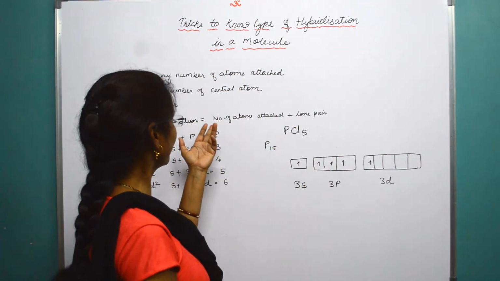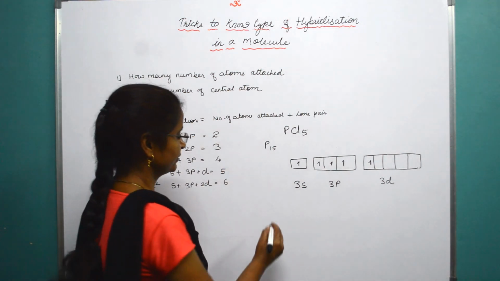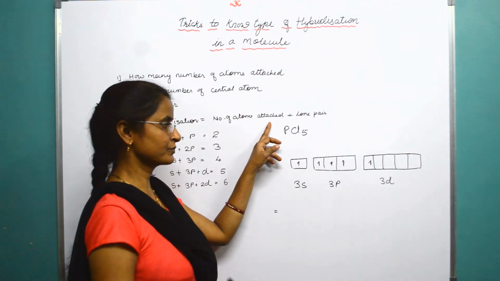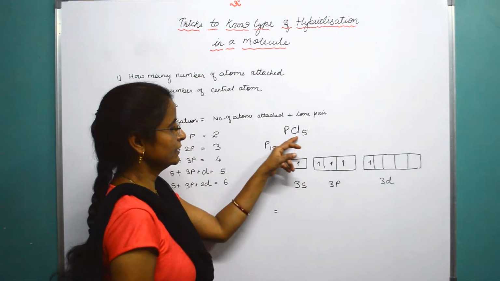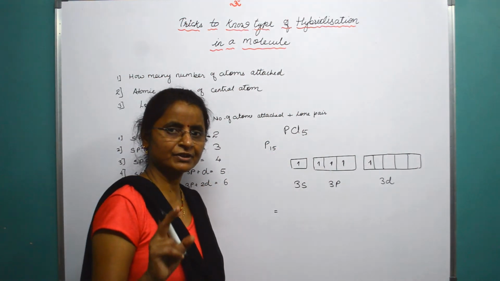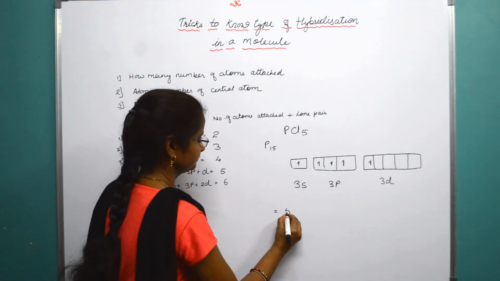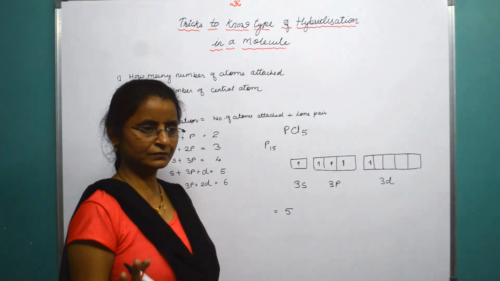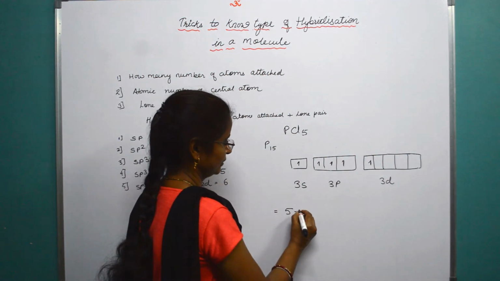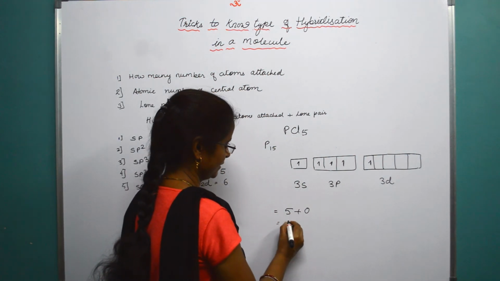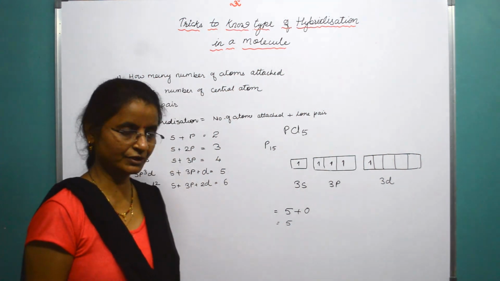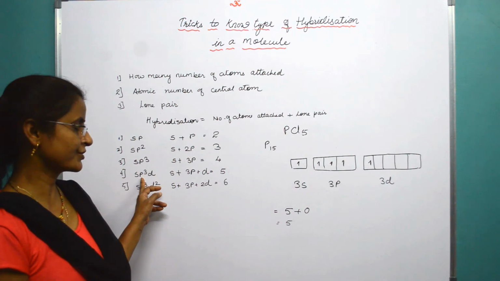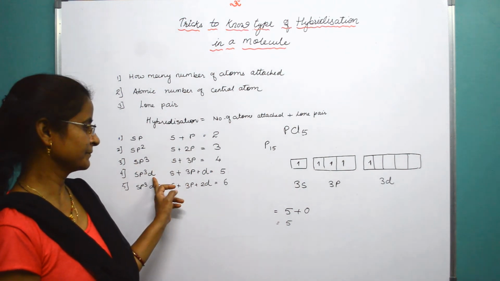Now to know the hybridization: first, the total number of atoms attached to the central atom in this formula is 5. And there is no lone pair of electrons, so write 0, and the answer is 5. Now 5 corresponds to which type of hybridization? sp3d.